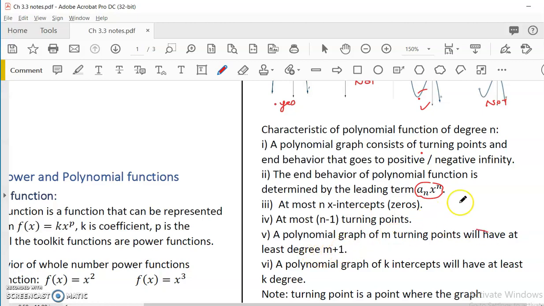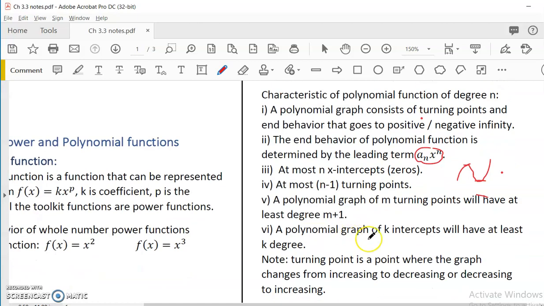If something turned 2 times like that, it is at least degree 3, right? It could be degree 5, it could be degree 7, but at least degree 3. What about k intercepts? If a polynomial function has k intercepts, it would be at least degree k. It could be more. At least means it could be more, but at least it's degree k.